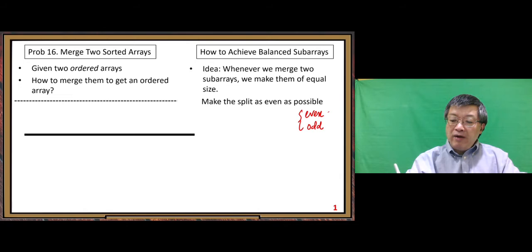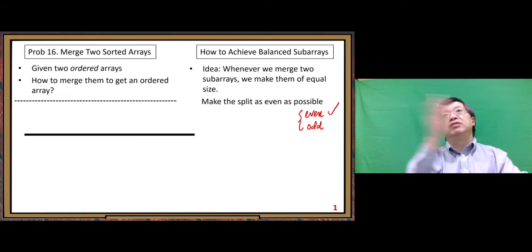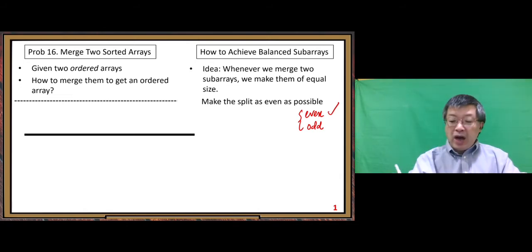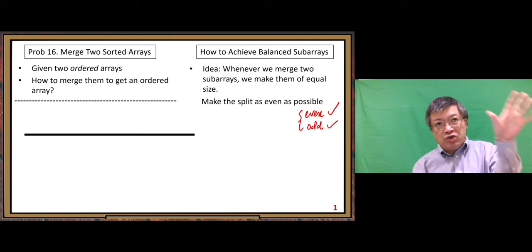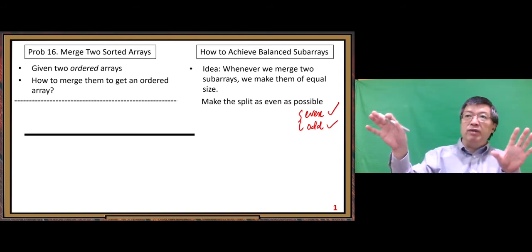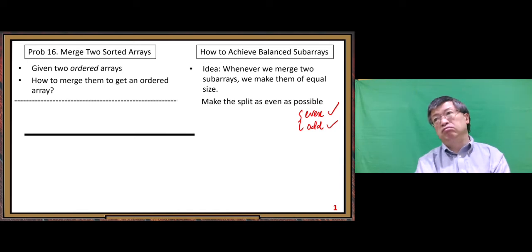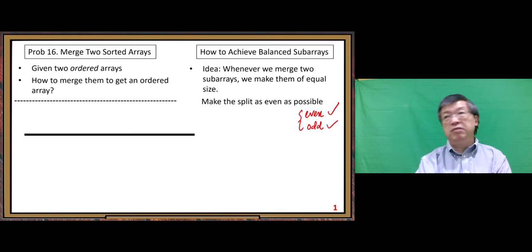For the even number of elements, you can get an even split, right? But for the odd, not even, but close to even. So one subarray has one more element than the other one. That's okay. That kind of thing is good enough for the split.